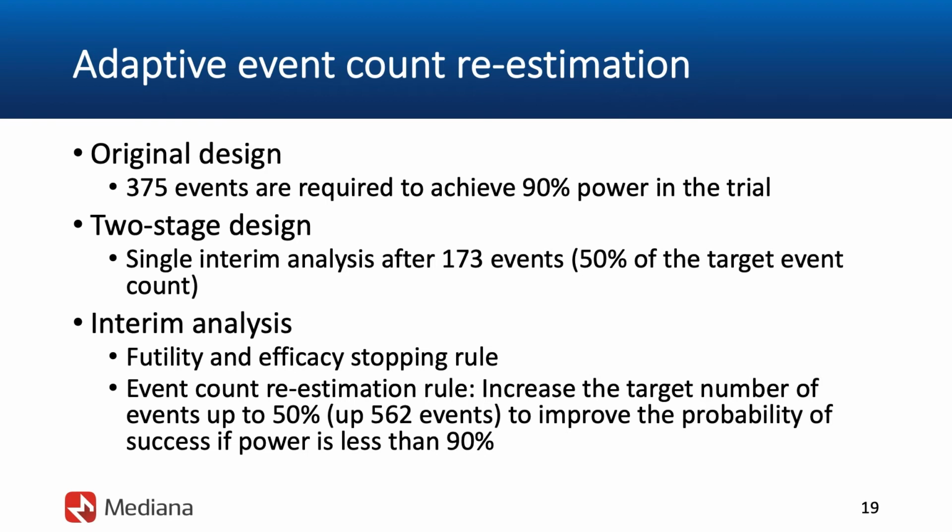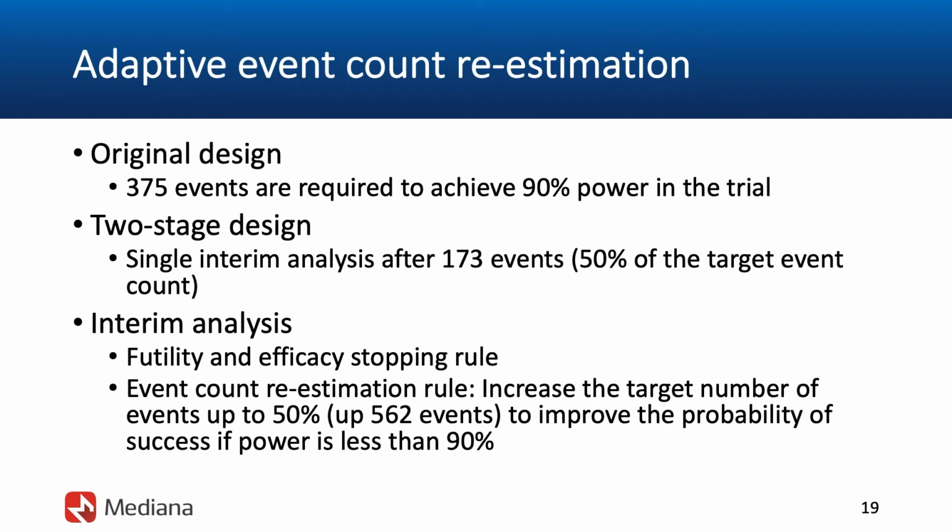Within the adaptive setting, a two-stage design was employed, and that involved a single interim analysis. This was the milestone that separated the two trial stages. That interim analysis would be taken after 173 events were accrued in the trial, which is, as you can see, roughly 50% of the target number of events.